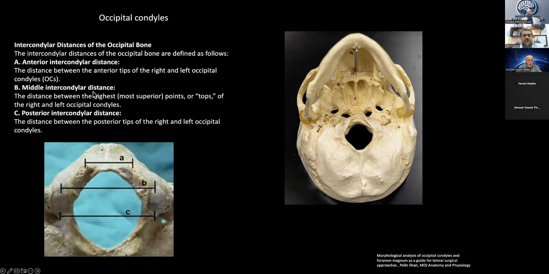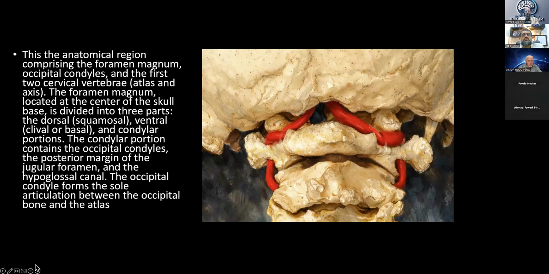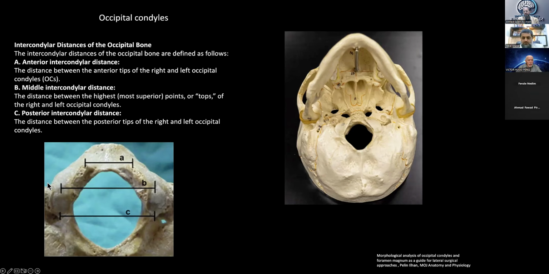The middle intercondylar distance, the distance between the highest, most superior points or tops of the right and left occipital condyles. And the posterior intercondylar distance, the distance between the posterior tips of the right and left occipital condyles.